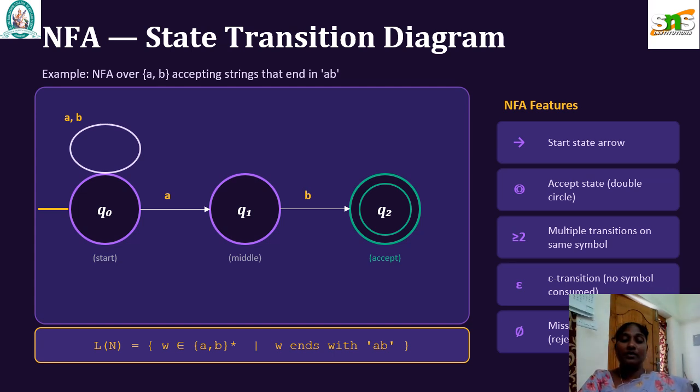As we have already learned, regular nodes are shown with a single circle. Final states or accept states are shown with a double circle. A start state has an incoming arrow.